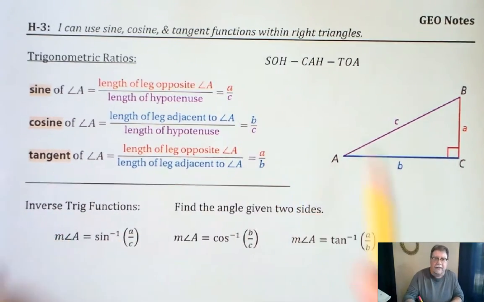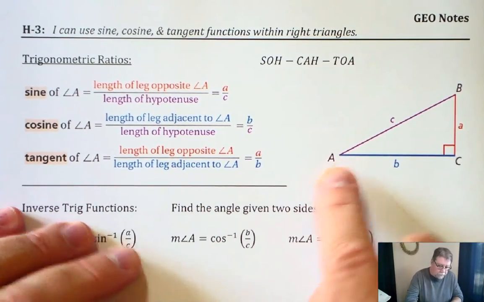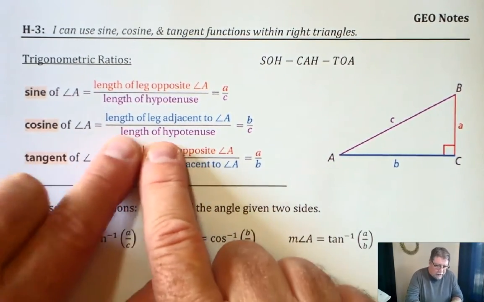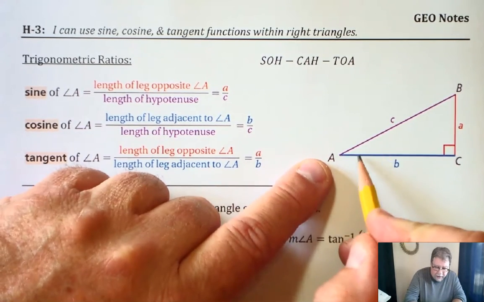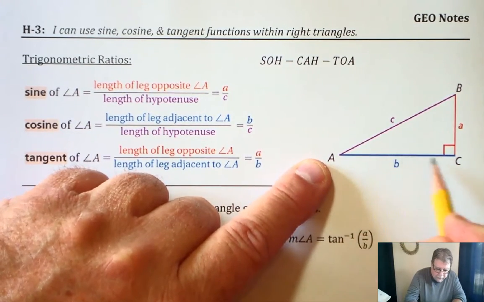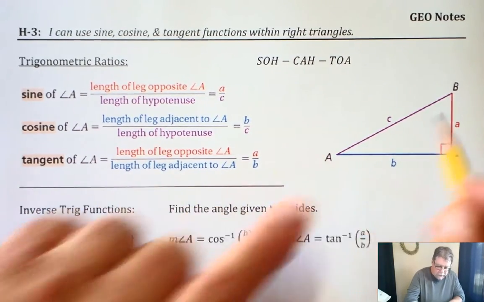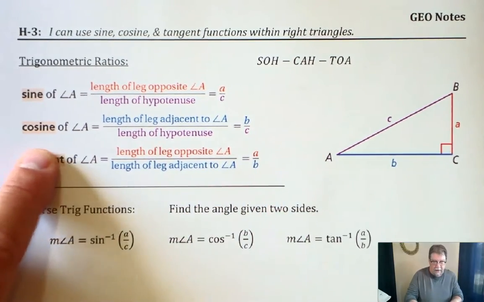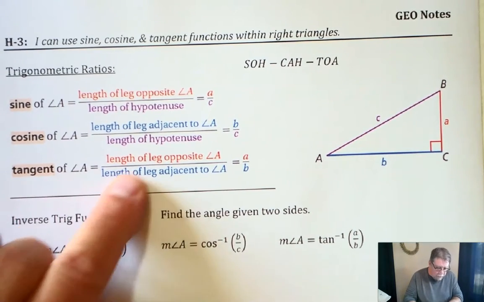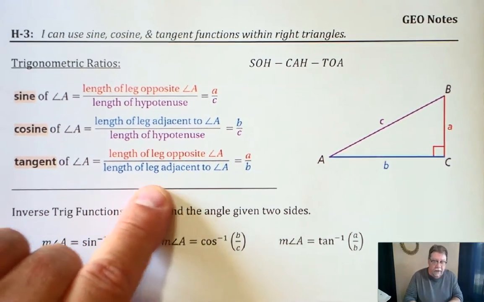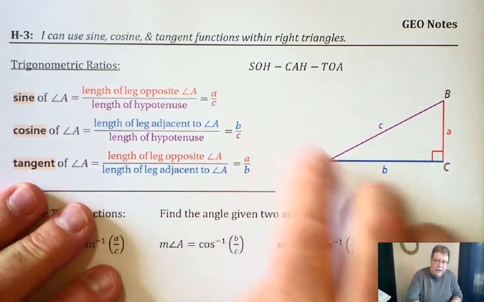So a divided by c would be the sine of angle A. For cosine, the length of the adjacent leg, the one that creates the angle, right here, b, over the hypotenuse, which is c. So b over c would be the cosine of angle A. And the tangent of angle A would be the opposite side over the adjacent side, so a over b.